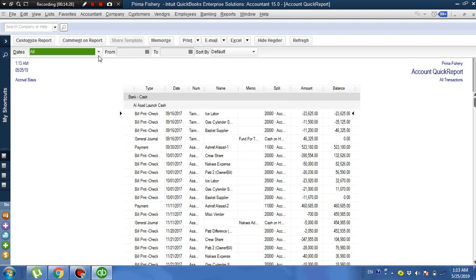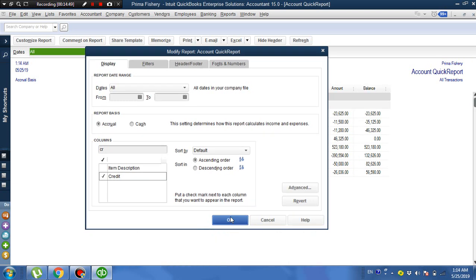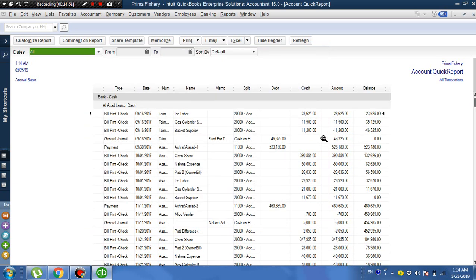It's got zero most of the time. Look at this. For example, if I open the debit side and credit side, you will notice that this is getting zero.